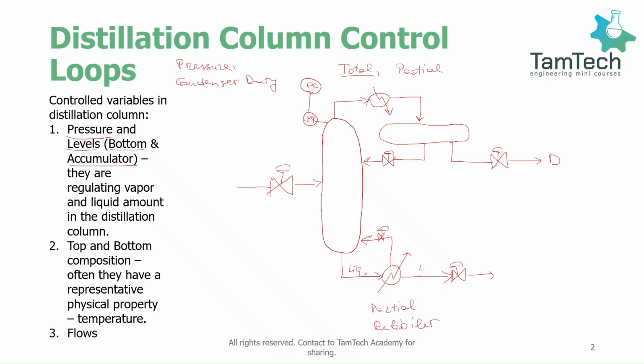We can manipulate the condenser duty by manipulating the flow rate of cooling water that is supplied to our condenser. So in the cooling water supply line, let's draw some line like this. Let's put a control valve here. So we will connect this PC to the cooling water supply line.